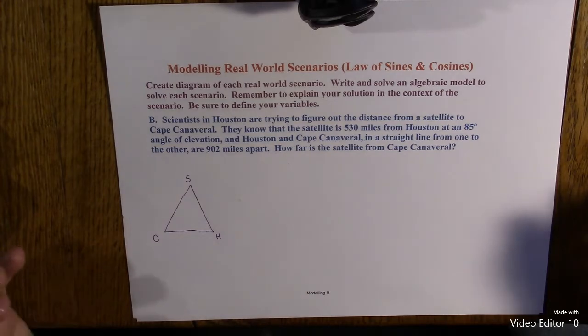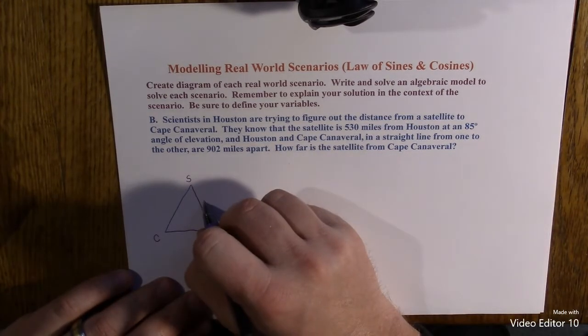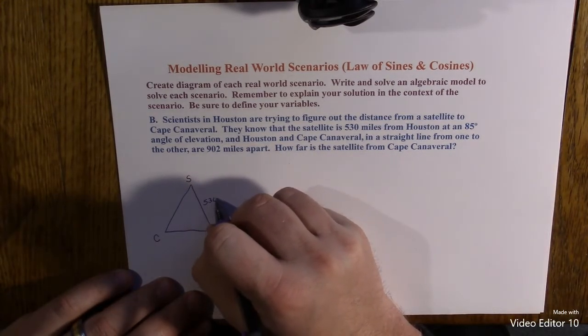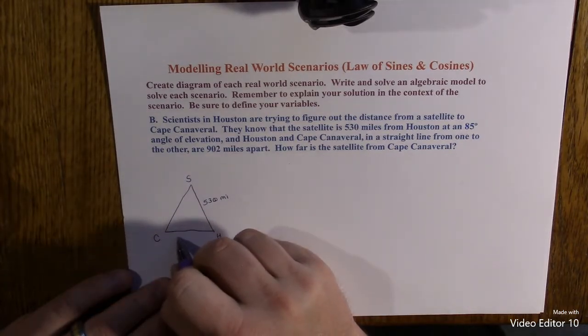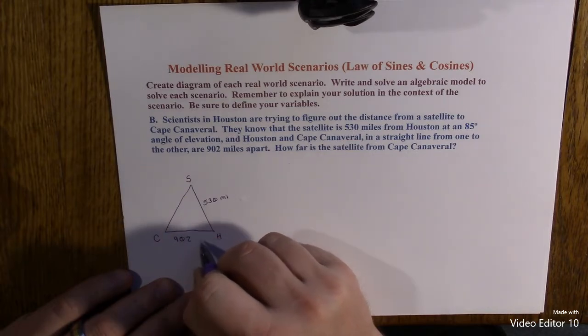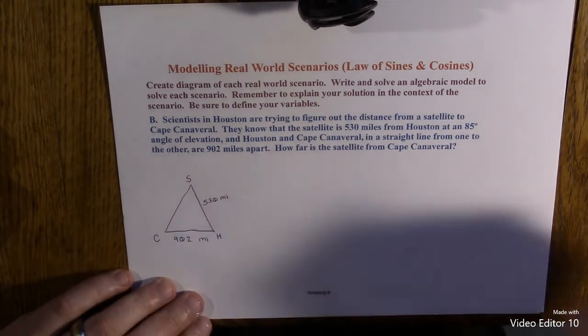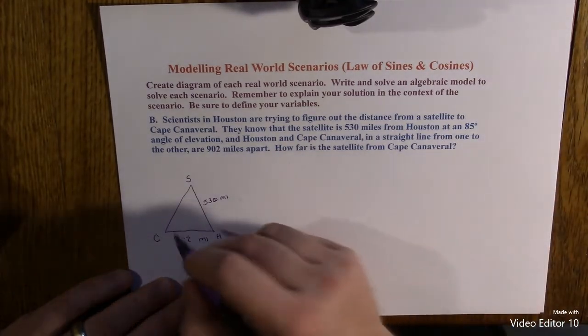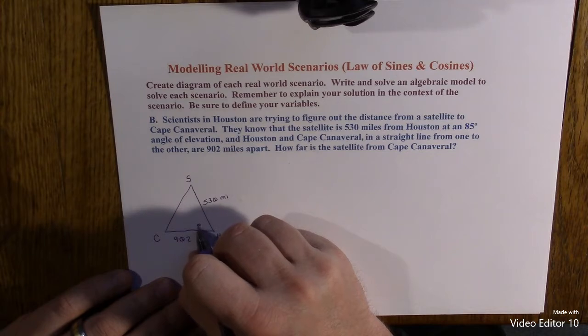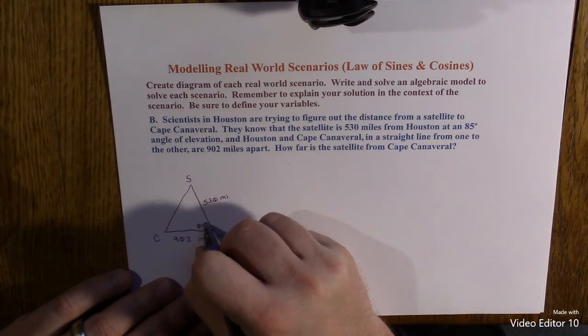From the information given to us, we know that the satellite is 530 miles from Houston. We know that Cape Canaveral and Houston are 902 miles apart. And we know the angle of elevation from Houston to the satellite is 85 degrees.